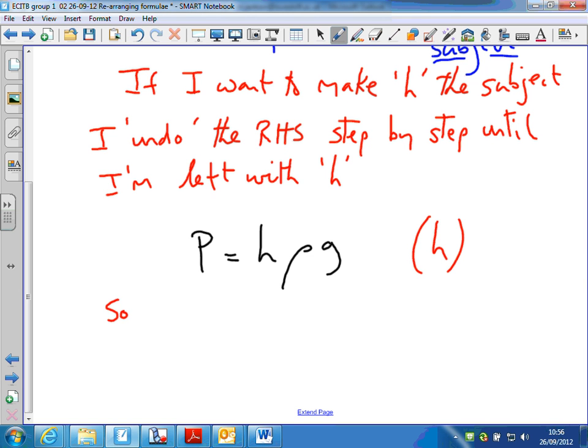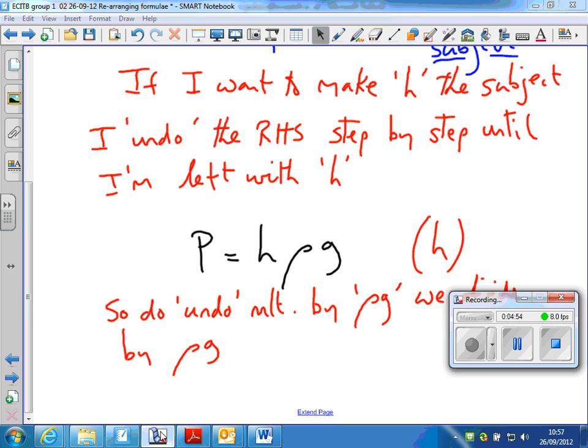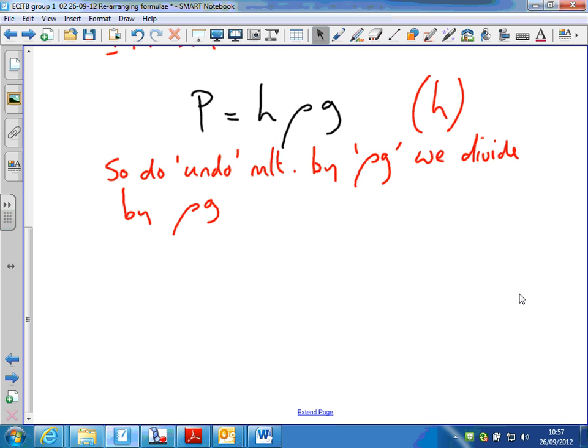So to undo multiply, and I use that abbreviation for multiply, multiply by rho G, that term rho G, we divide by rho G. There's the formula.